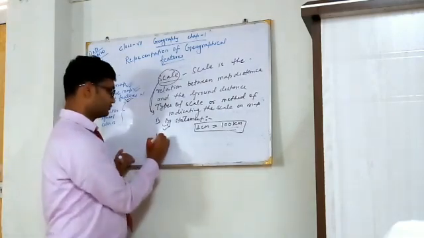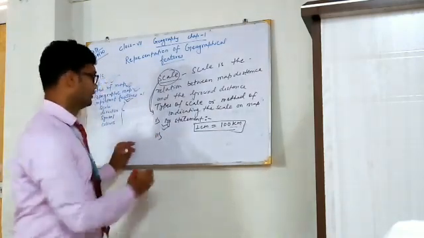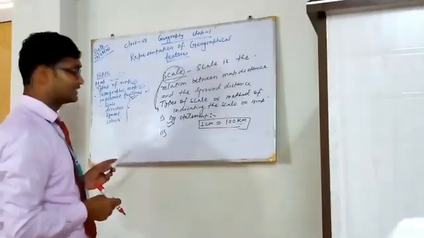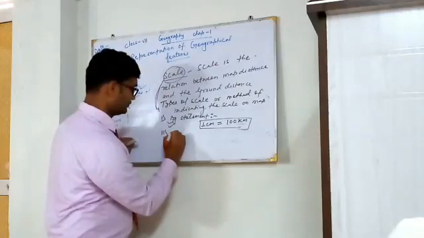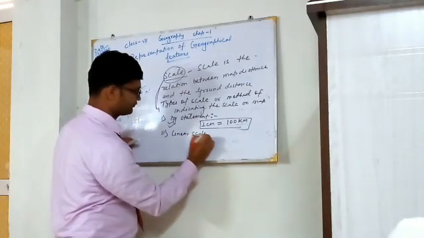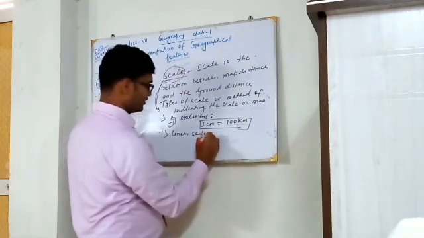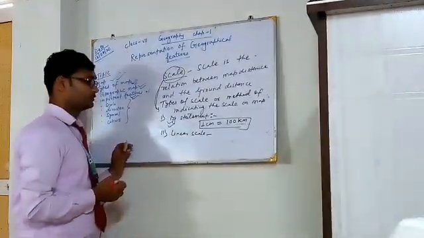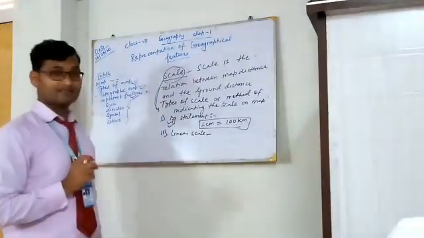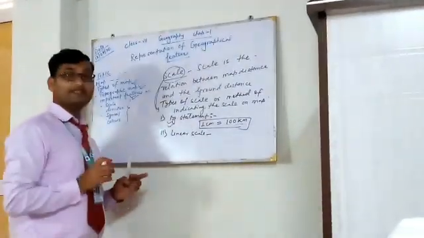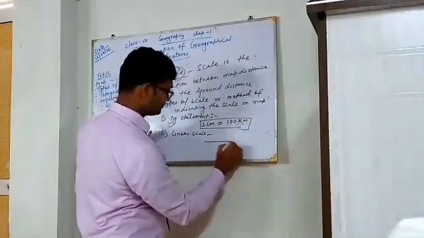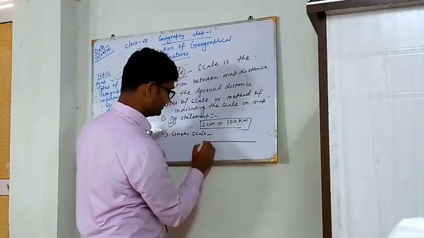Next method is linear scale. In this method, we draw a straight line, and it is divided into different divisions. For example, like this, this is a straight line.